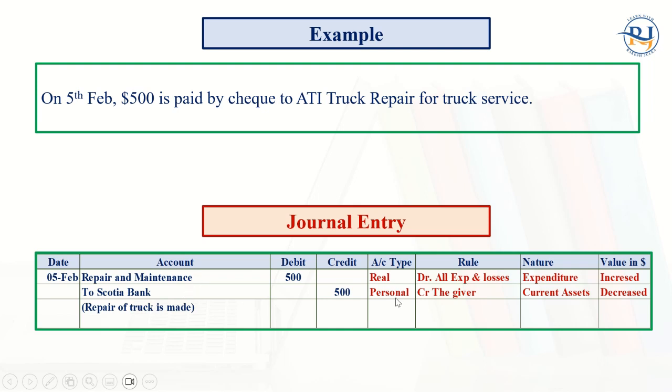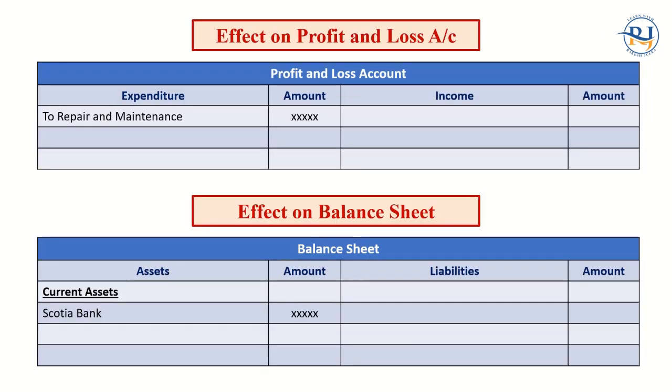And Scotiabank is the personal account, credit the giver. This is the current assets. So what will be the effect on the balance sheet? On the profit and loss account, repair and maintenance will come on the debit side, and Scotiabank will come under the current assets in the balance sheet.